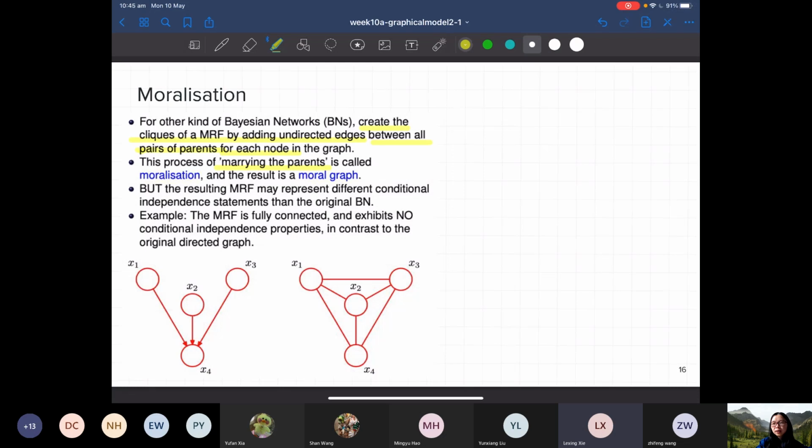Take this name with plenty of tongue-in-cheek. In this society, marrying is certainly not a necessary process in civil society, but we're just saying, tongue-in-cheek, that we're doing this to the parent nodes.